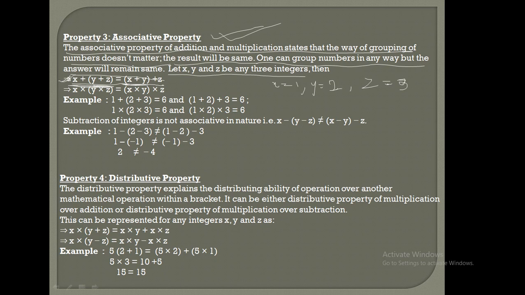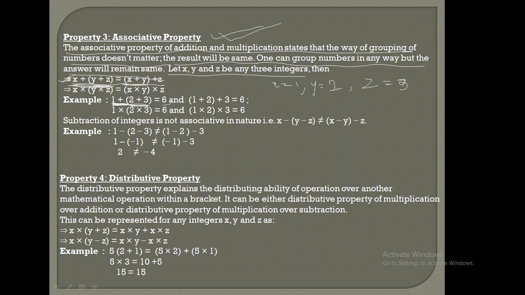Now here I am putting x plus y plus z in addition form, 1 plus 2 plus 3, on the left hand side. When we put the value, we will solve 1 plus 2, it will come 3. When we open this bracket, outside of this bracket 3 is there, when we add 3 plus 3, it will come 6.